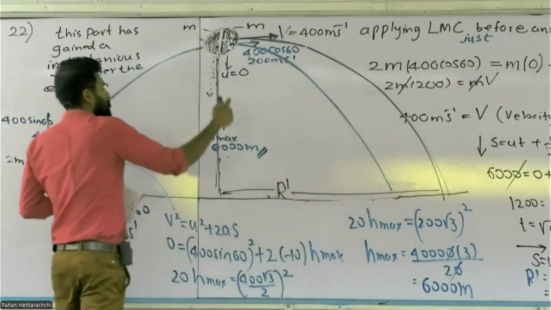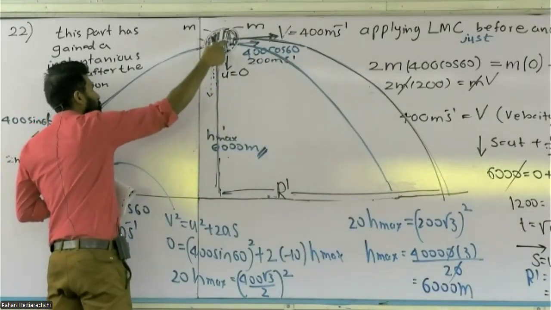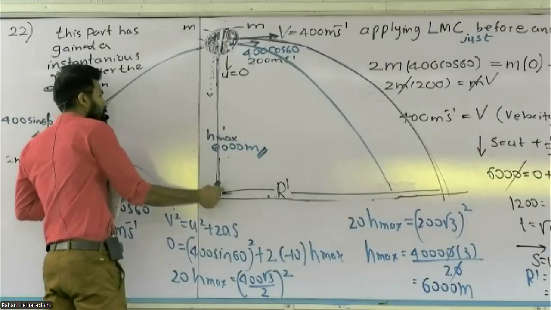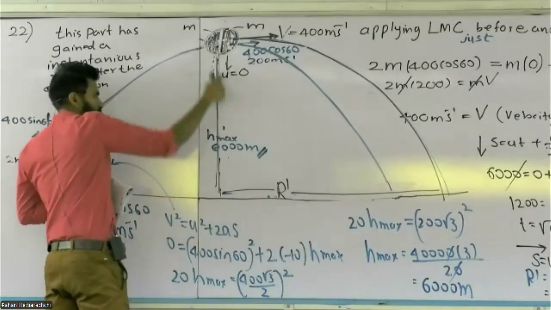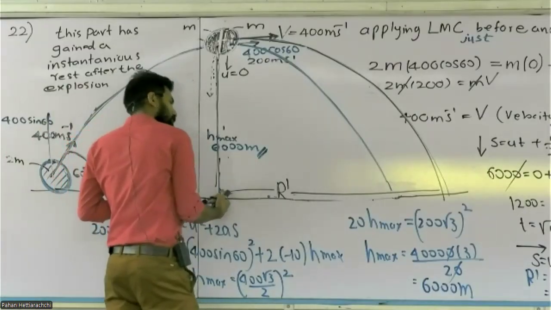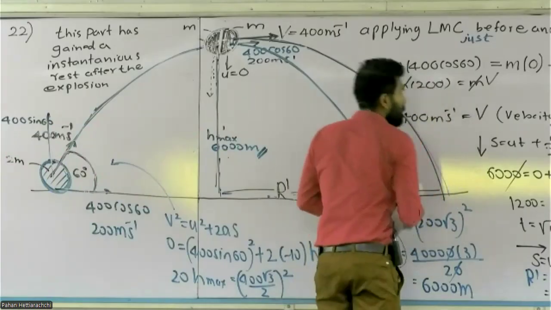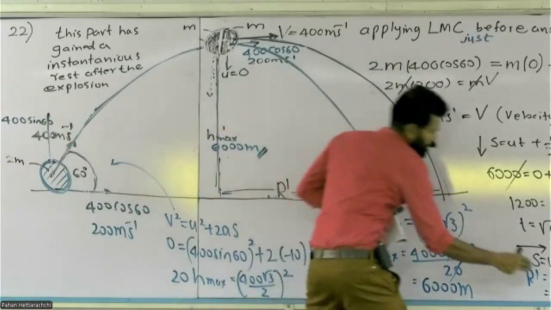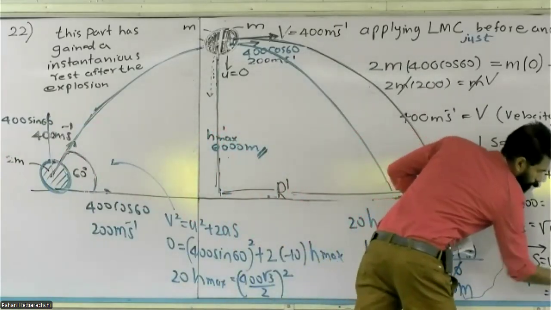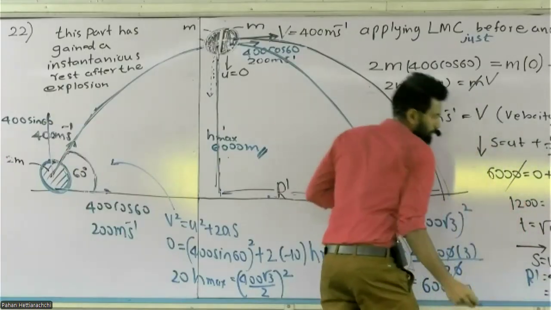Okay, it will take root 1200 seconds to reach the ground from this 6,000 meter height. Within that time, it will get a new horizontal range like this. Applying S equals ut, velocity is 400. That's the point where I made the mistake.